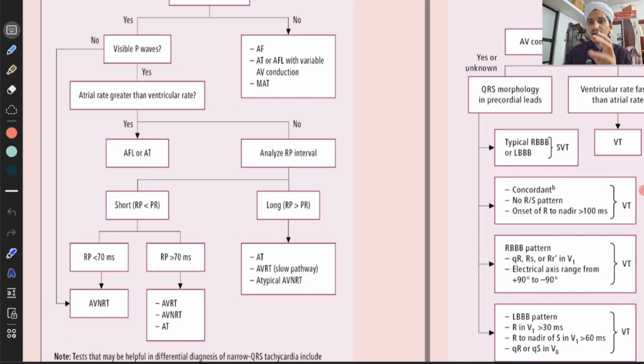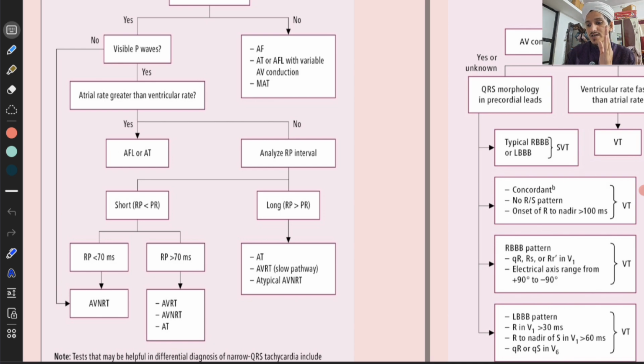If there are P waves, narrow complex regular tachycardia with P waves, then it can be all those SVTs, or it can be atrial flutter also. If there are P waves and narrow complex, it can't be VT.